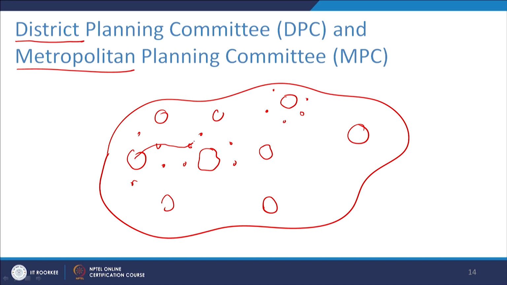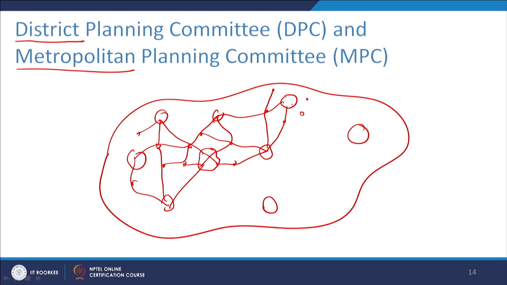If you see a satellite image, you will find that all the settlements are connected by a road network like this. I am just showing you a schematic diagram so that it is understood in a spatial manner, because this is very important to understand.